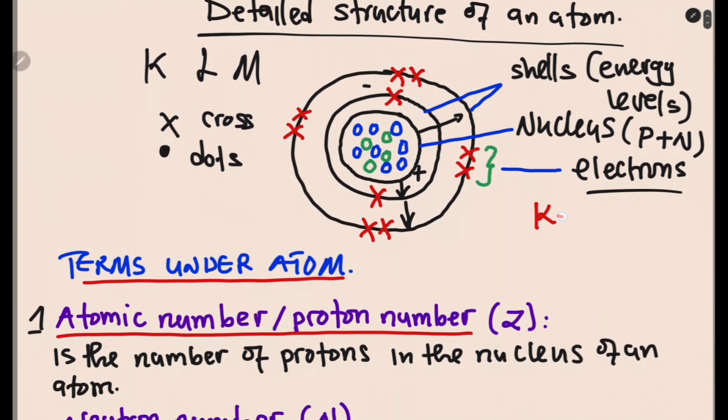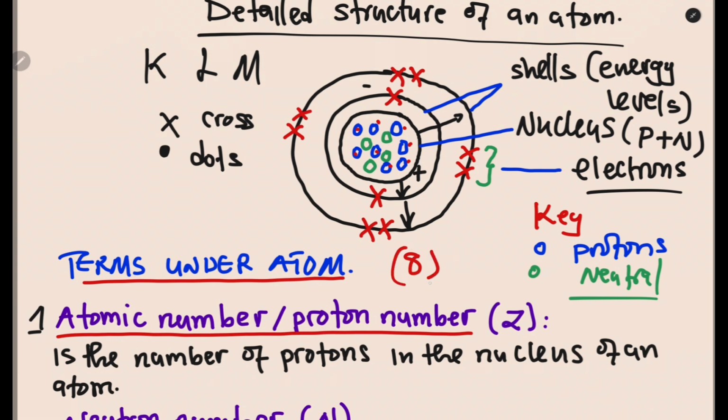Well, let me just put a key here to represent these circles. The blue ones I'll say are protons, and the green ones are neutrons. So if we were to count the number of protons here, we are going to say 1, 2, 3, 4, 5, 6, 7, 8. So the atomic number is 8.